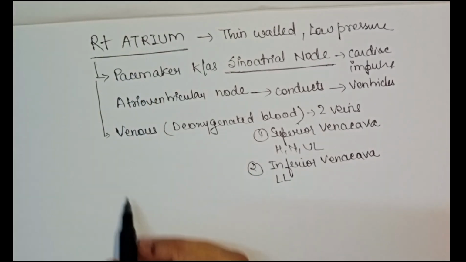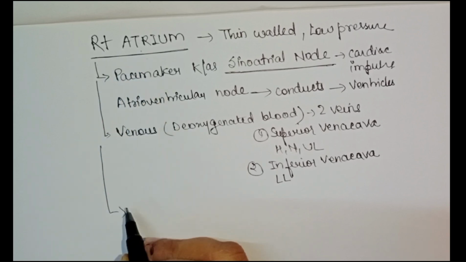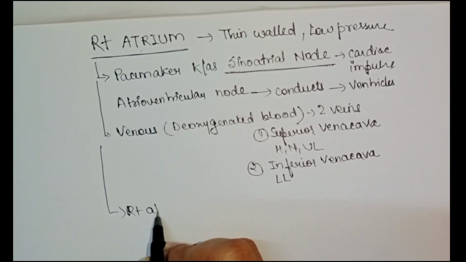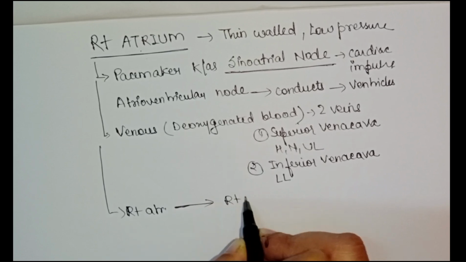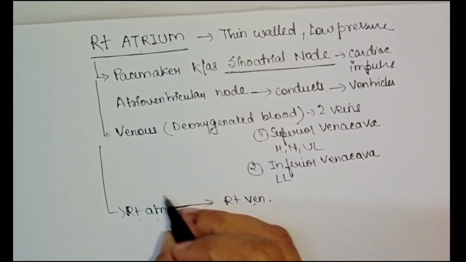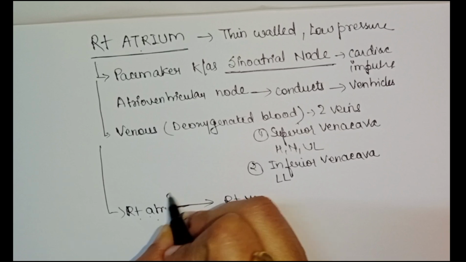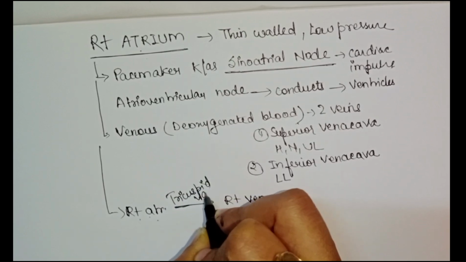Between the right atrium and the right ventricle there is a tricuspid valve.